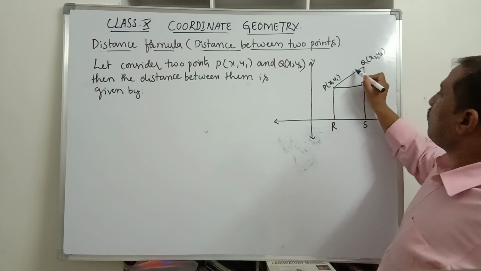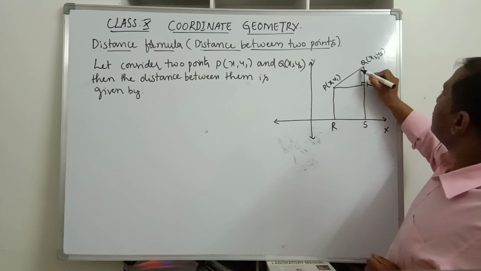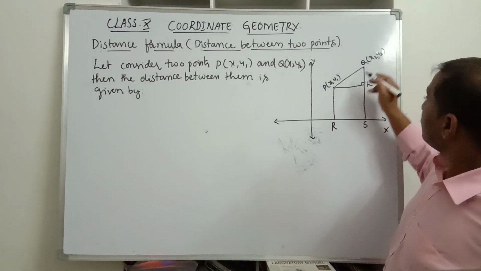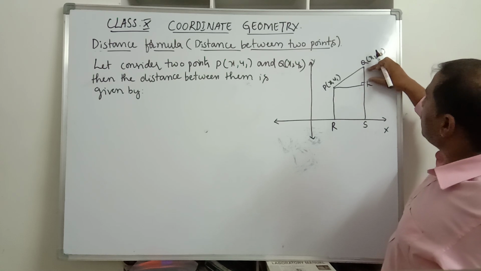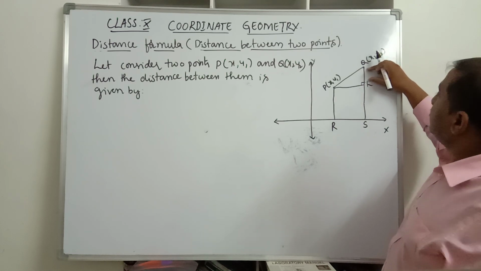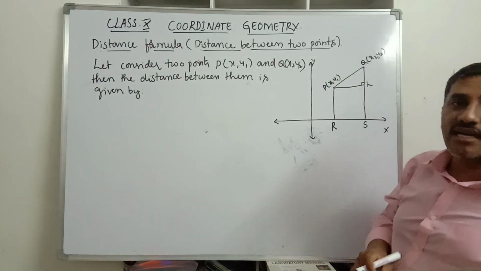PTQ is a triangle. What type of triangle is it? A right angle triangle. We need to find this distance PQ, that is the hypotenuse. If we know the distance PT and the distance QT, then we can find PQ by using the Pythagoras theorem.